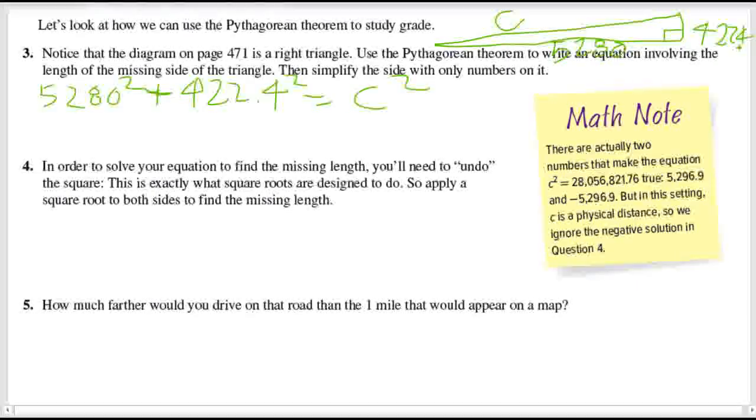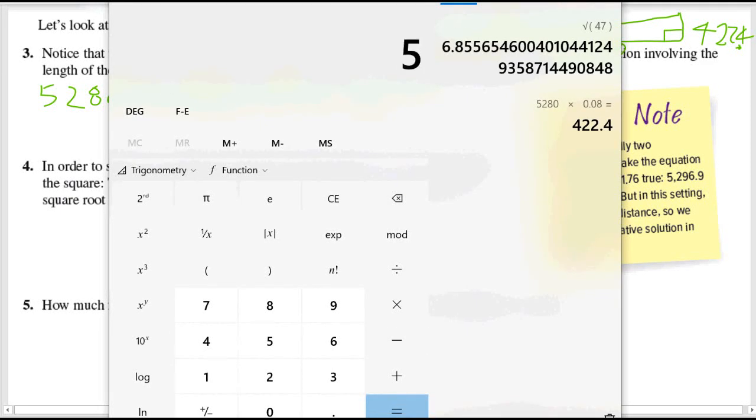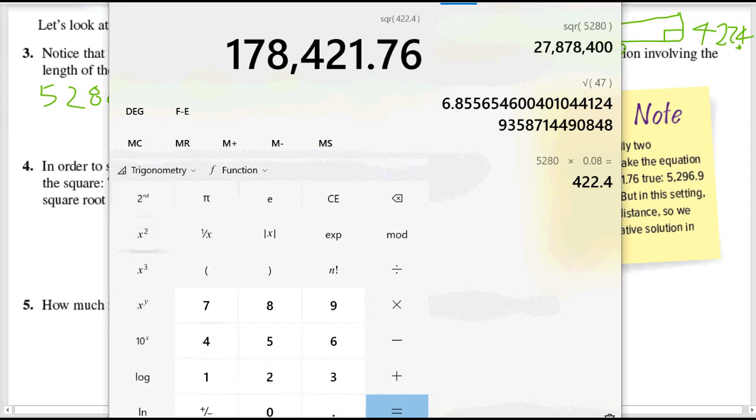And I can go to my calculator now. So 5280, and I don't want my second function button this time. I already have the x squared, the x with a little 2 above it. So that gives me the 5,280 squared. I'm going to store that in my calculator. It says MS for memory store. Now I'm going to take my 422.4 and I will square that.